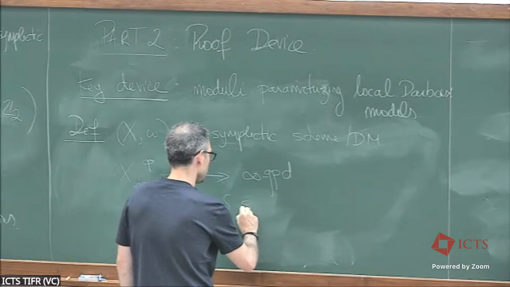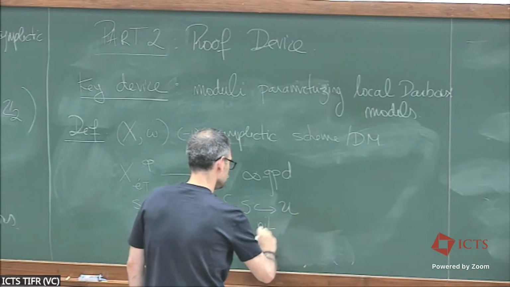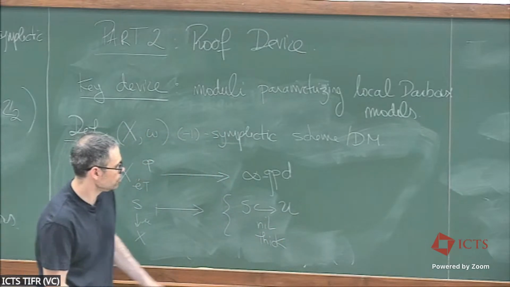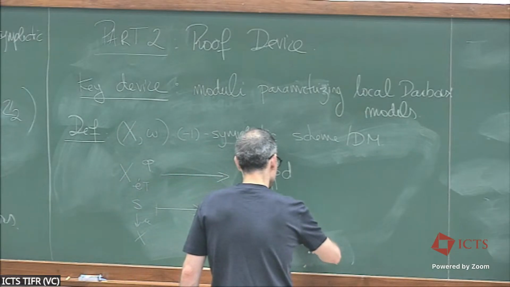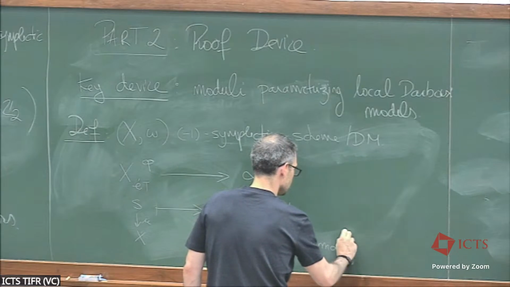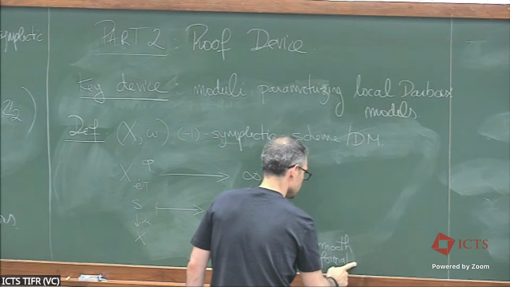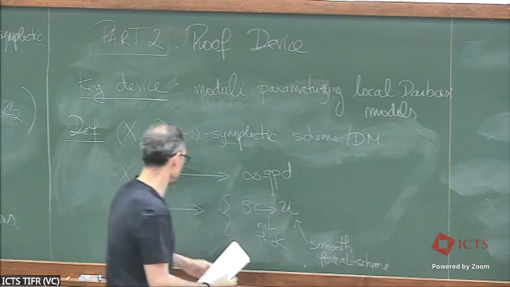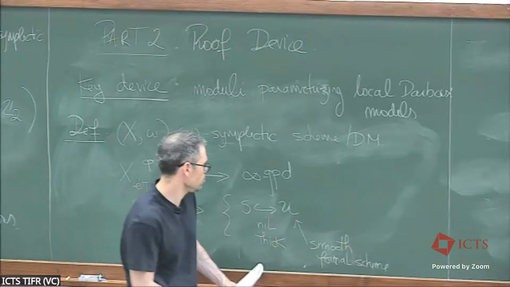I want to consider S together with a nilpotent thickening to some U. U is going to be my ambient space. My ambient space in this case is going to be a smooth formal scheme. There is something you have to accept if you want to do this stack: you have to pass to formal schemes. I can no longer work just with algebraic ones.